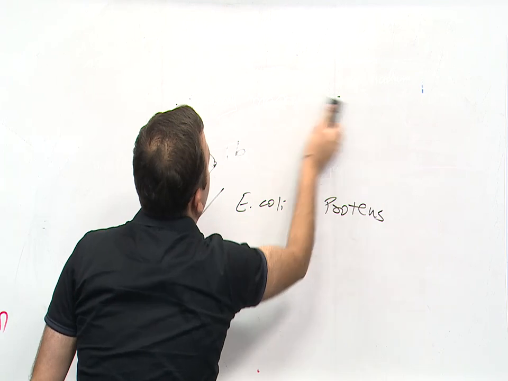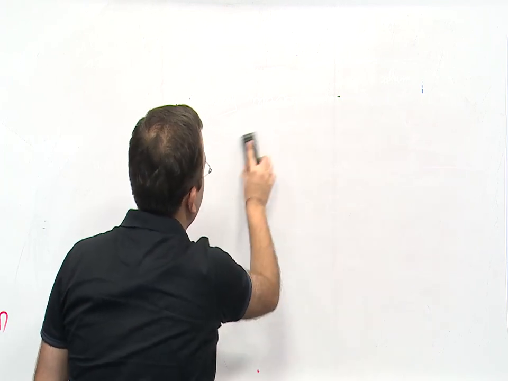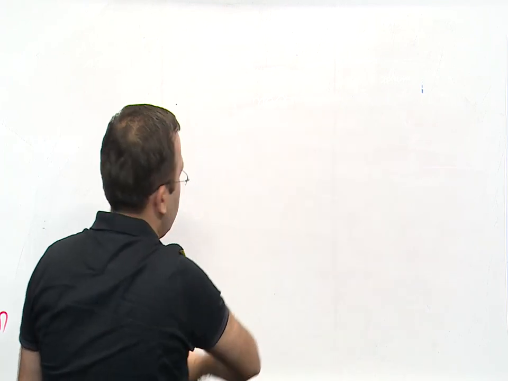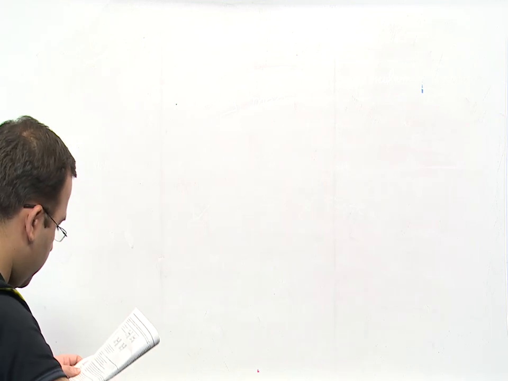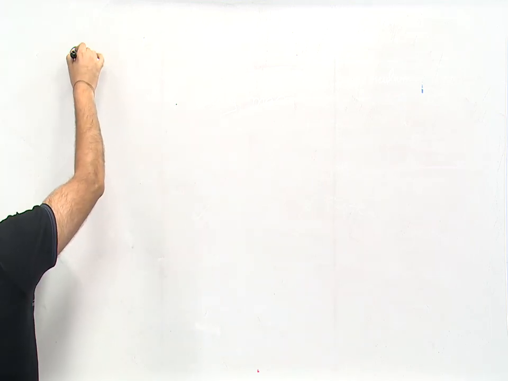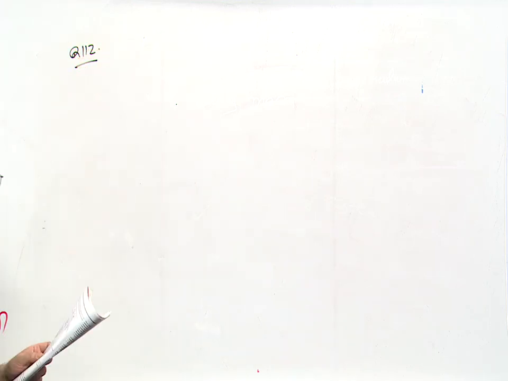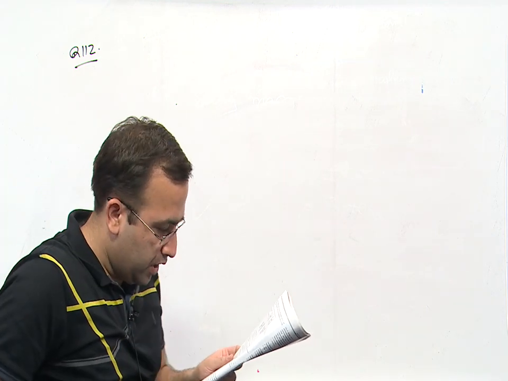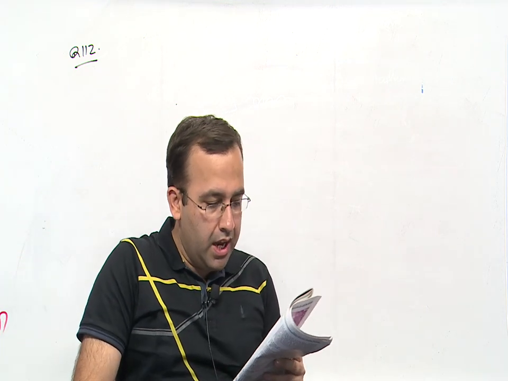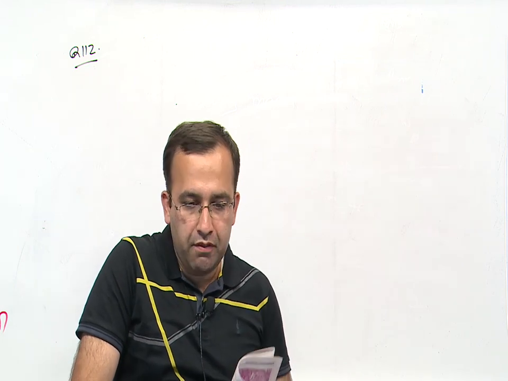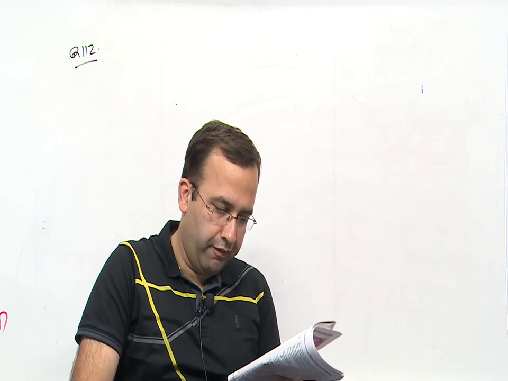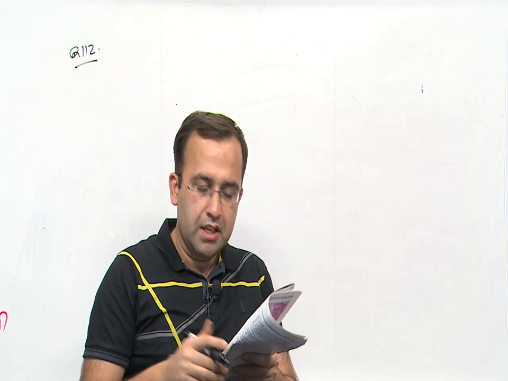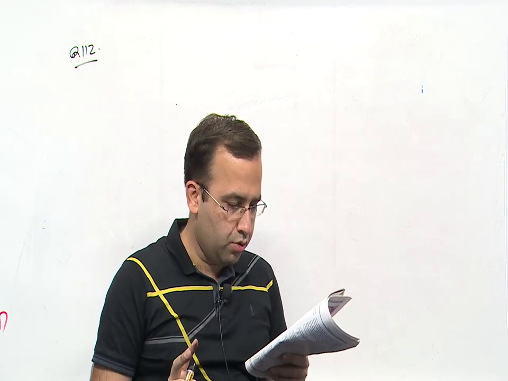Next. This gets us to the next question, question 112. All are true about the coagulation pathway except: intrinsic pathway can be activated in vitro. Fair enough. Calcium is necessary for several steps. That is also true.